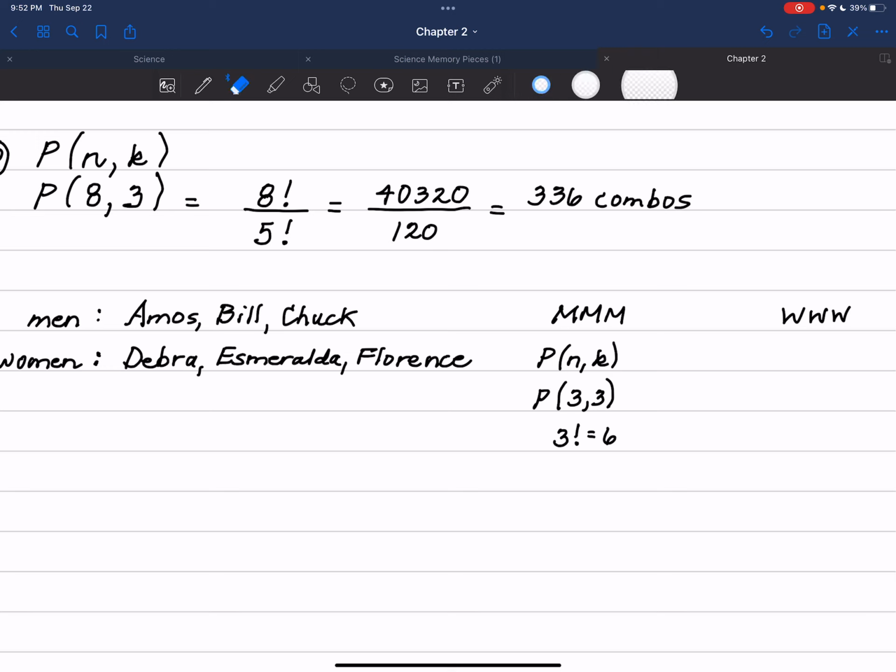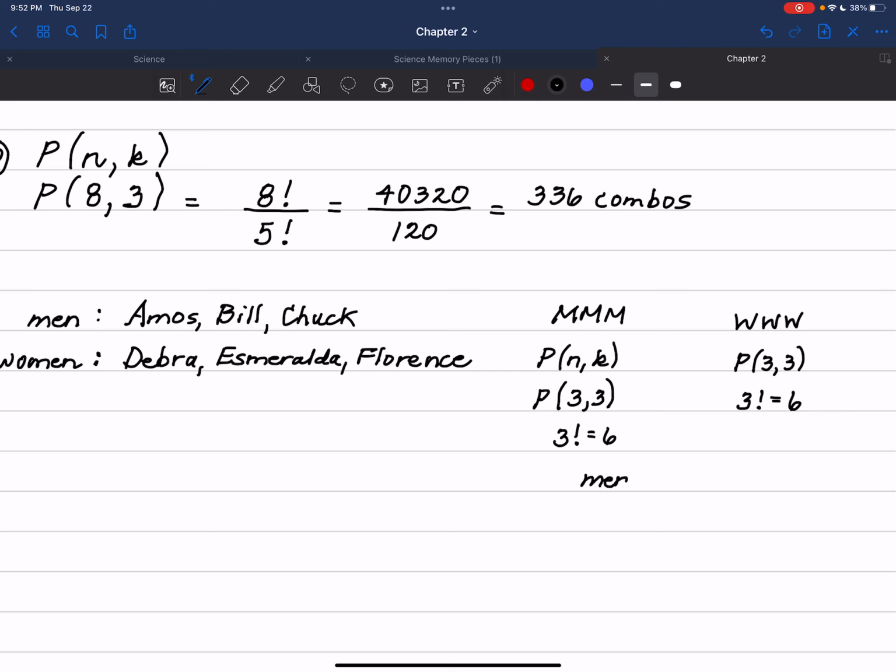Same with the women. You have 3 women. And you have 3 positions to fill. So 3 factorial, or you can do the whole formula, it'll come out the same, is 6. And then we have to put them together. We have to take the men and the women and put them together.